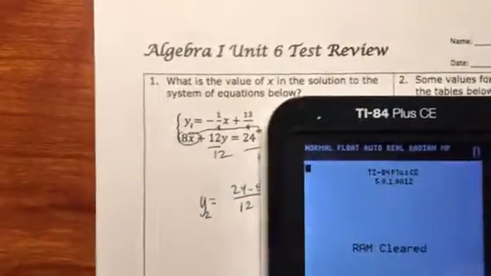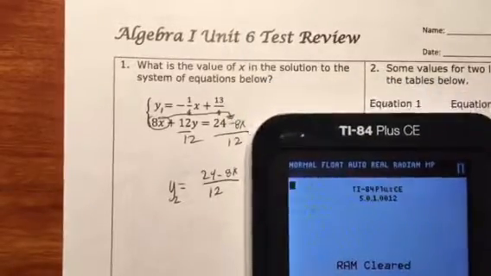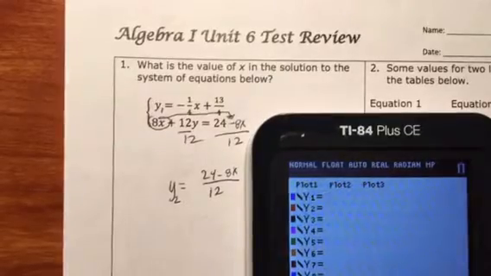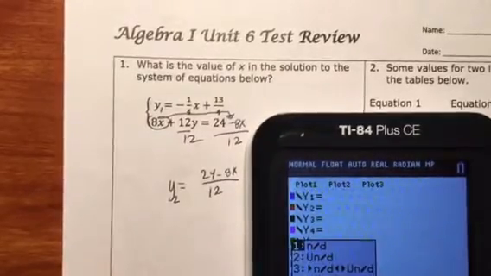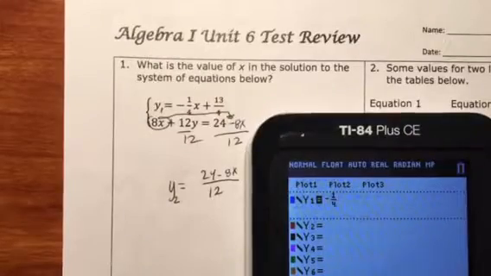So I've cleared my memory just so that our calculators are in the same place. Second plus 7, 1, 2 to clear your memory. So I'm going to go to y equals, alpha y equals, negative 1/4 x, plus alpha y equals to get the fraction.